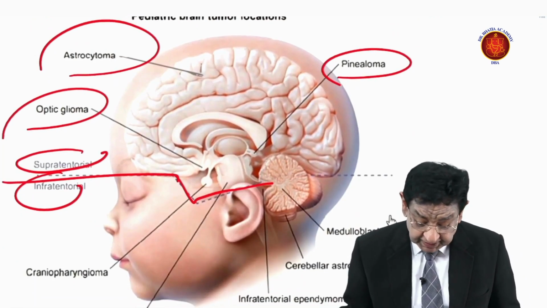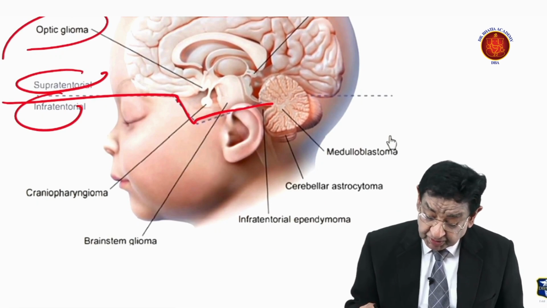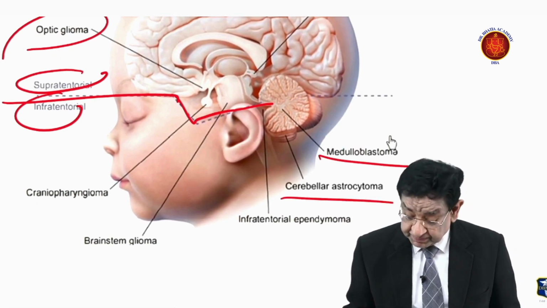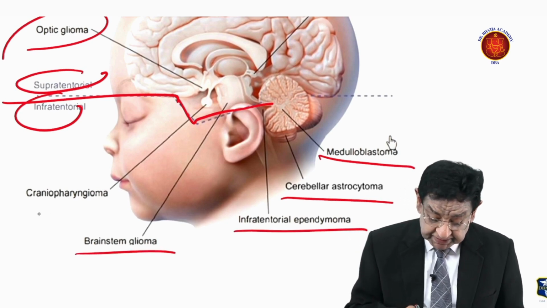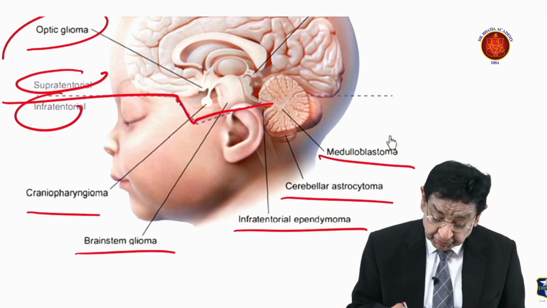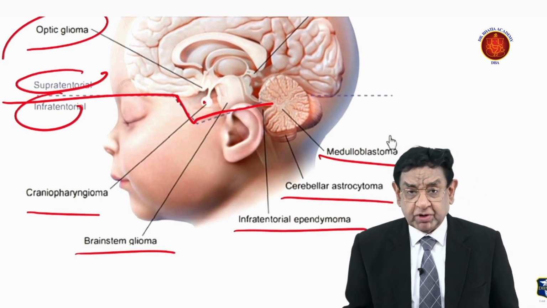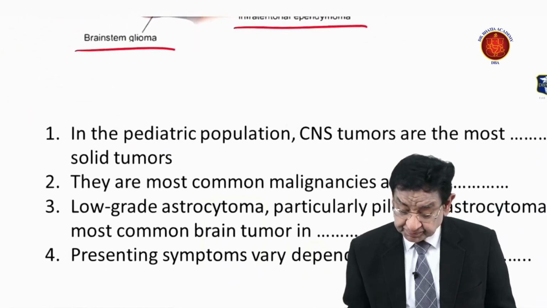And when we talk about infratentorial, then we talk about medulloblastoma, cerebellar astrocytoma, infratentorial ependymoma, brainstem glioma. Craniopharyngioma is a type of supratentorial tumor. So this is a broad classification, supra and infratentorial tumors.